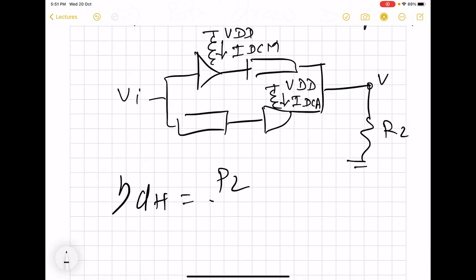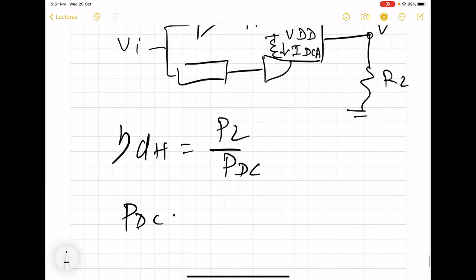So in this case, the main definition remains same, but now this PDC is going to have two components: DC power drawn by the main and the DC power drawn by the auxiliary power amplifier.